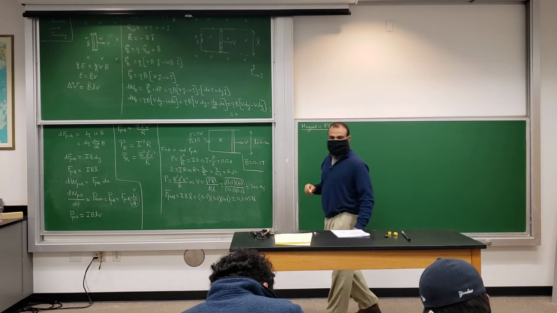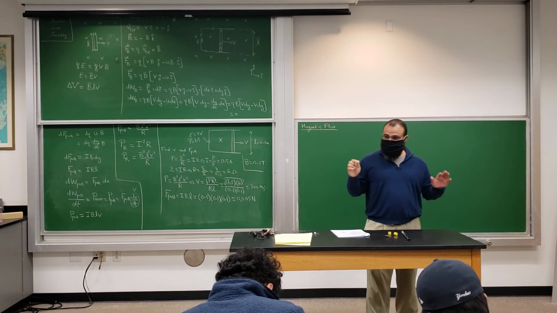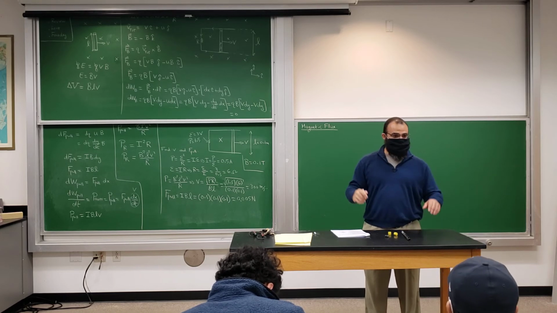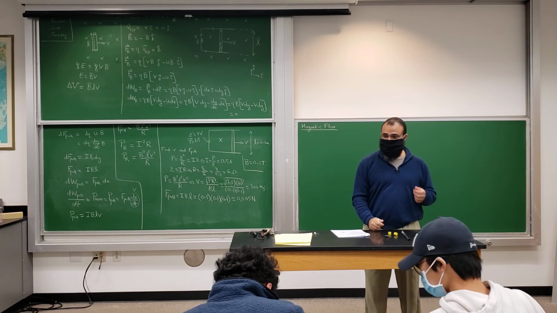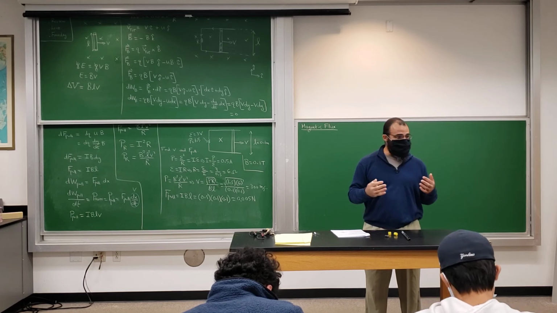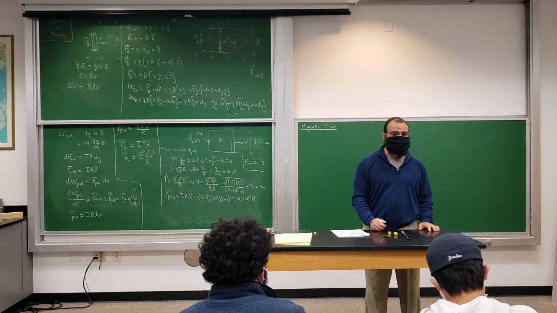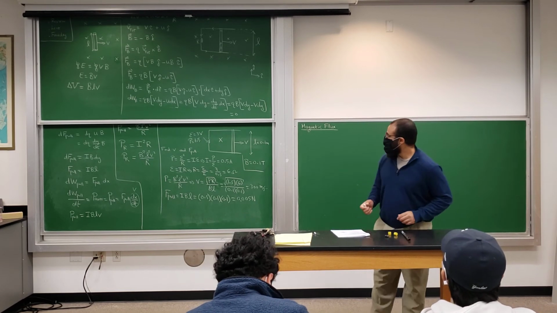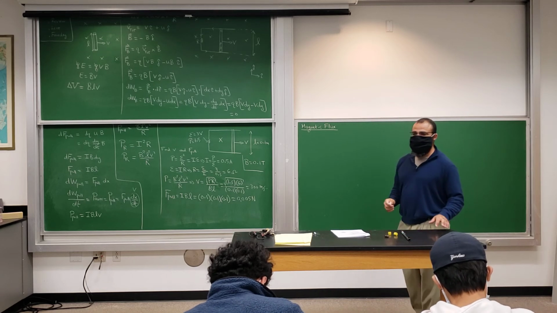Remember flux, or electric flux, the electric field going through an area, passing through some area. That was flux. It's a measure of how much of something goes through. So how did we define the electric flux?